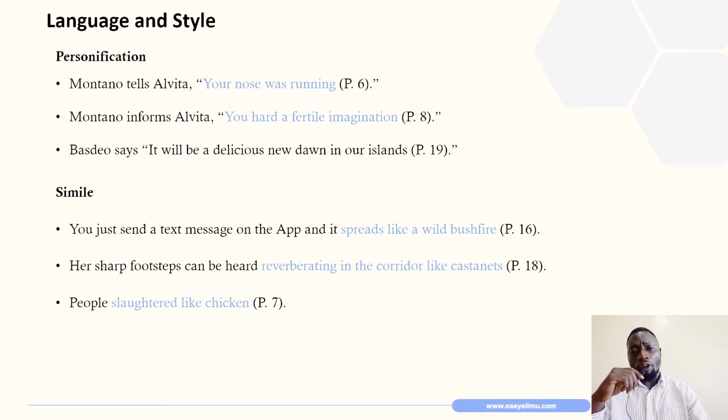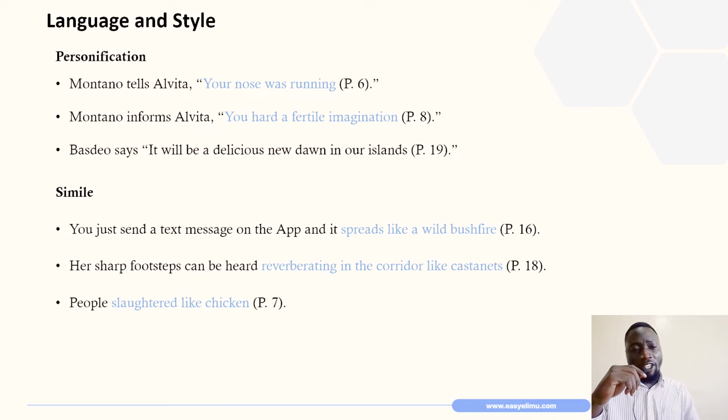Montano also informs Alvita that she has a fertile imagination. We cannot talk about fertility in imagination. Imagination is imagination, or rather fantasy. Basdeo, the chief opposition leader of the Maracas municipality, says that it will be a delicious new dawn in our islands. That is also another example of personification in the story.